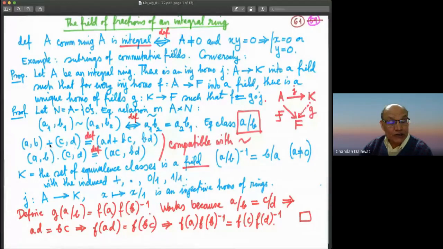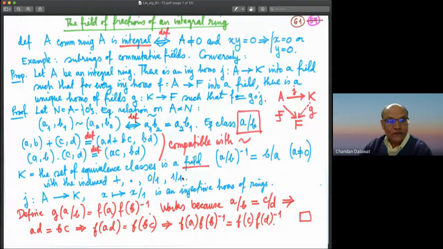That's what it means for the addition to be compatible with this equivalence relation, and the same holds for the multiplication. So which means that I now have an addition and multiplication on the set of equivalence classes. Let's call K the set of equivalence classes. It has an addition and a multiplication, and the zero element is 0 upon 1, and the unit is 1 upon 1.